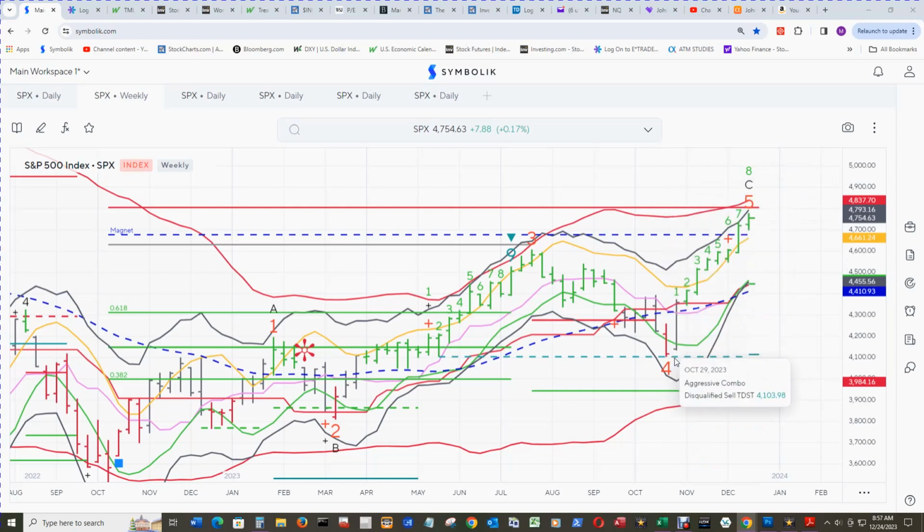So the floor here, the sell TDST, 4103.98, and it would put it here right above it at that close, 4117.37. So not much of a gain there.